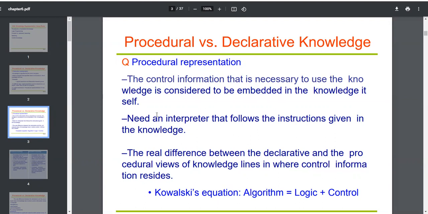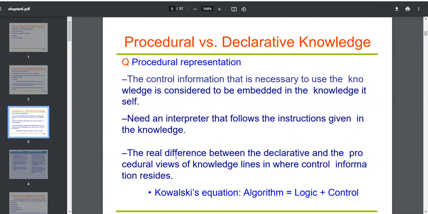So knowledge is not just facts, but along with the facts, it also has rules that specify how these facts are going to be manipulated and new information is going to be generated. So in declarative knowledge, you only have facts, while in procedural knowledge, you have facts as well as rules. Okay. So you need an interpreter that follows the instructions given in the knowledge.